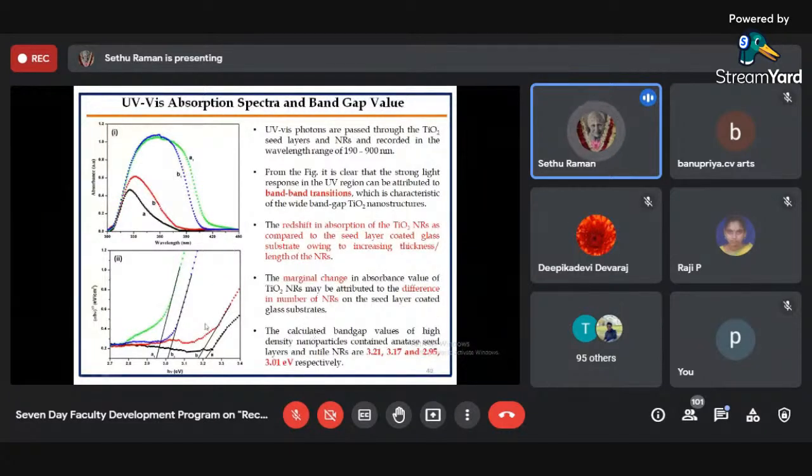The band gap value we have calculated from the Tauc plot for the seed layer as well as the nanorods is about 3.21 and 3.17, and 2.95 and 3.01 electron volt, respectively.